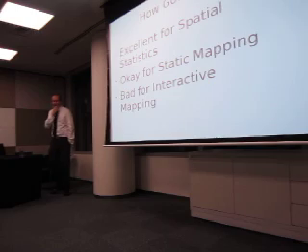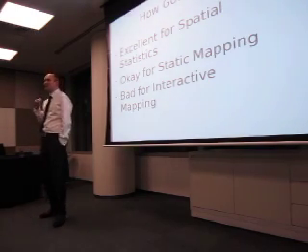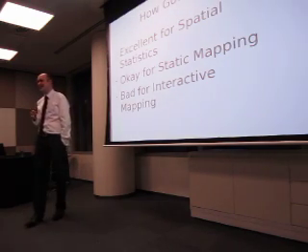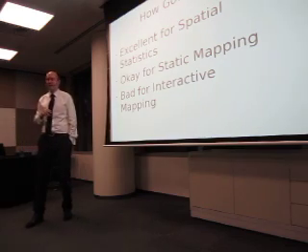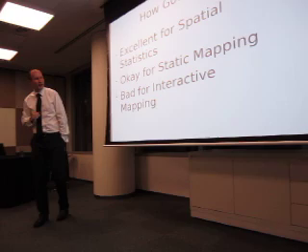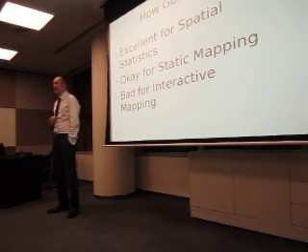So I guess the take home from this talk is that R is excellent at spatial statistics, which of course is what you would think, because R is a statistical program, it should be excellent at spatial statistics. It's okay for static mapping. If I'm just going to plot static maps, it's okay. For interactive mapping, it's not so good. I can't double click on a map to zoom in like I can in Google Earth.